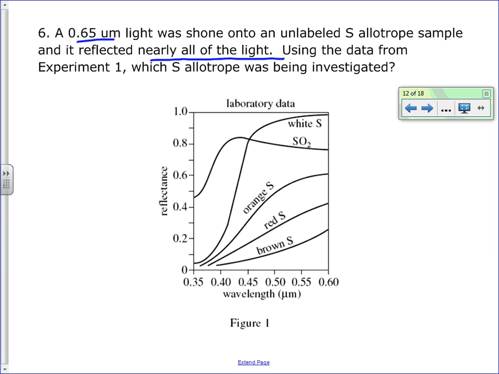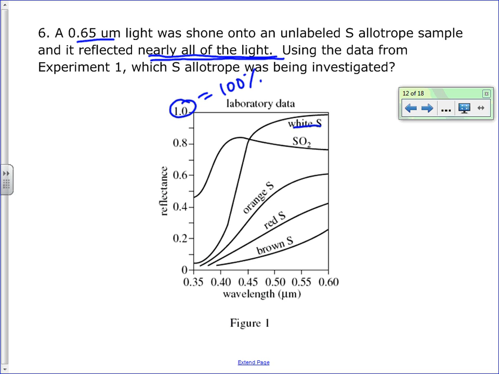I got white S. How'd you get white S? Because white S is purely at 100. Yeah, so 100%. Nice, because the reflectance of 1.0 would be equal to almost 100% of the light being reflected, which is nearly all of the light.